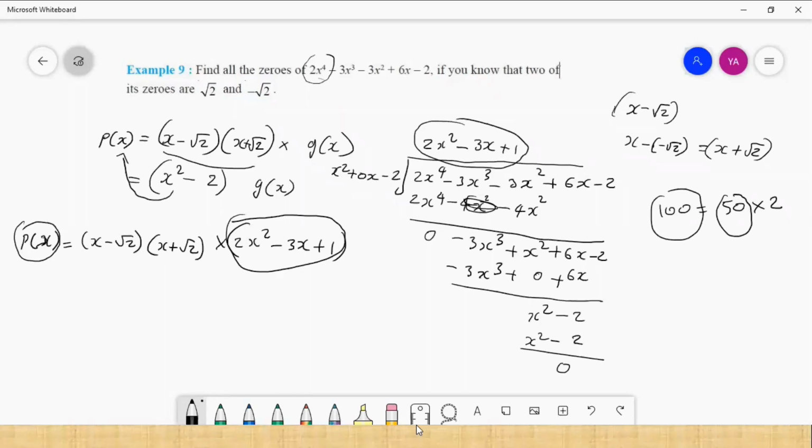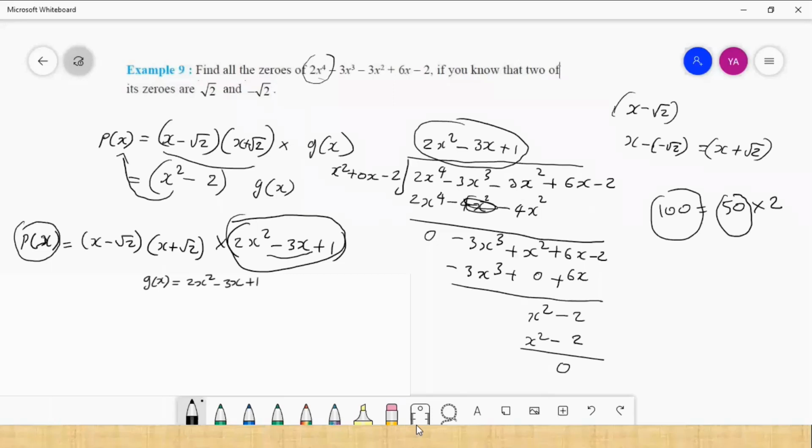You know how to split the middle term and factorize this, then to find the zero. We have g of x is equal to 2x square minus 3x plus 1.